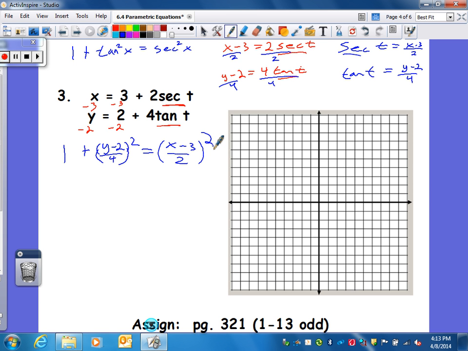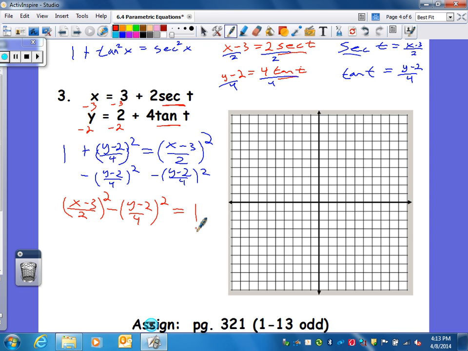Okay, this isn't really what we've been working with. We want to get that 1 by itself on the outside. So I'm going to subtract the term ((y minus 2) over 4) squared over. That leaves me with 1 equals ((x minus 3) over 2) squared minus ((y minus 2) over 4) squared.